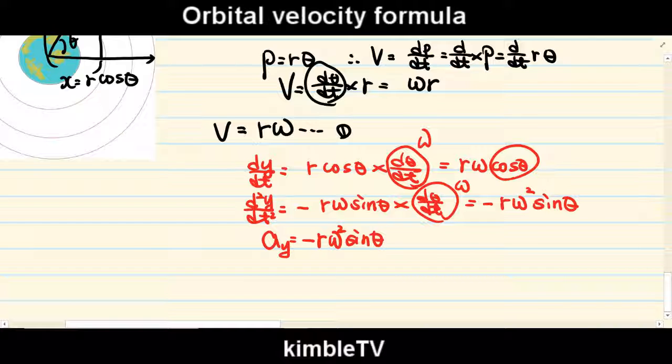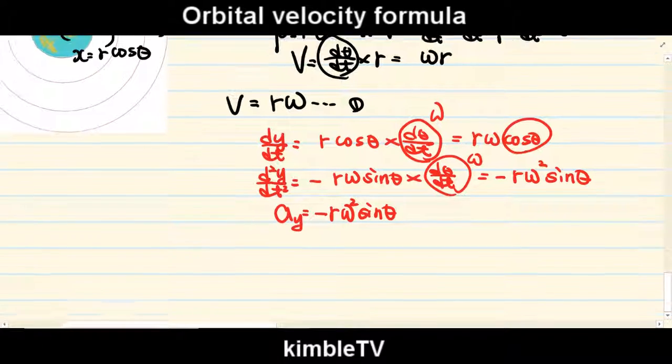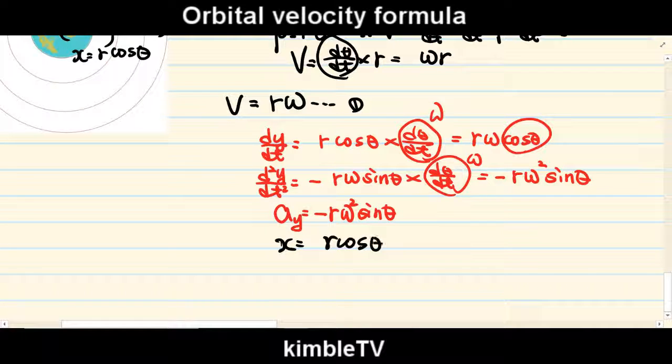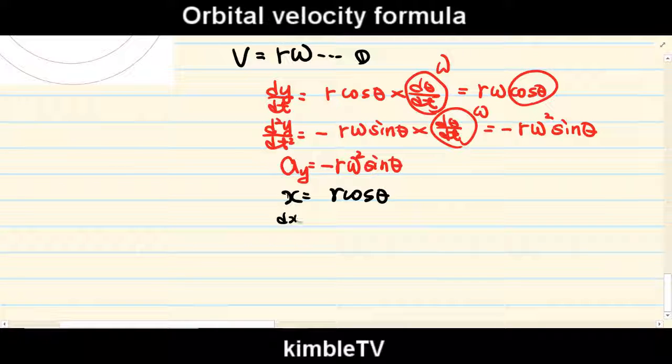And find the horizontal acceleration. The horizontal distance, the velocity. So x equals r cos theta, and dx on dt equals minus r sine theta times d theta on dt.